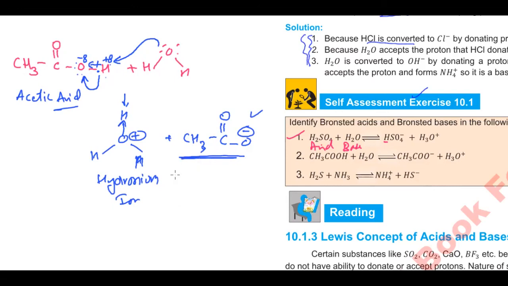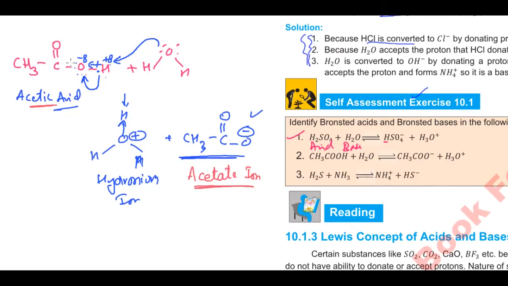Sir, CH3COO. हाँ, नेम क्या है इसका? This is known as, sir, acetate ion. This is known as acetate ion. Acetic acid, after the removal of its proton, would be converted into acetate ion.